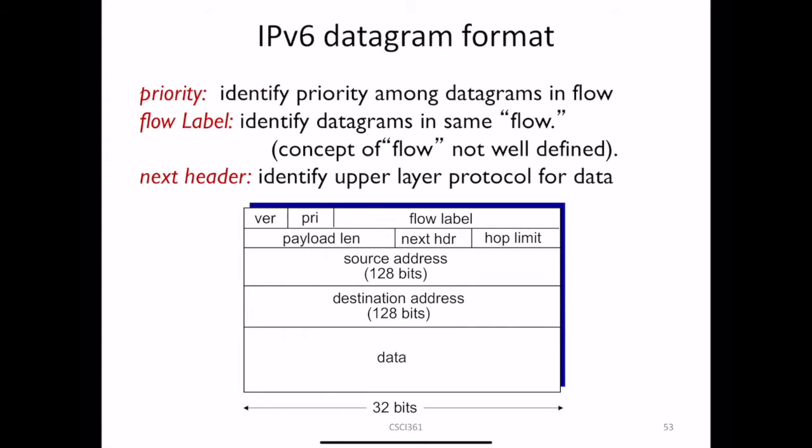The first field, VER, is still the version number, which is IPv6. The second one, PRI, is the priority. It can identify the priority among datagrams in a flow. That means in the future, if you pay more money for your internet services, your datagrams can be assigned a higher priority.